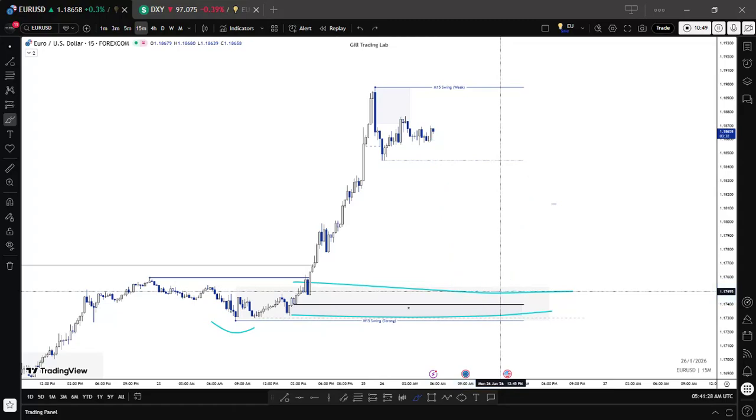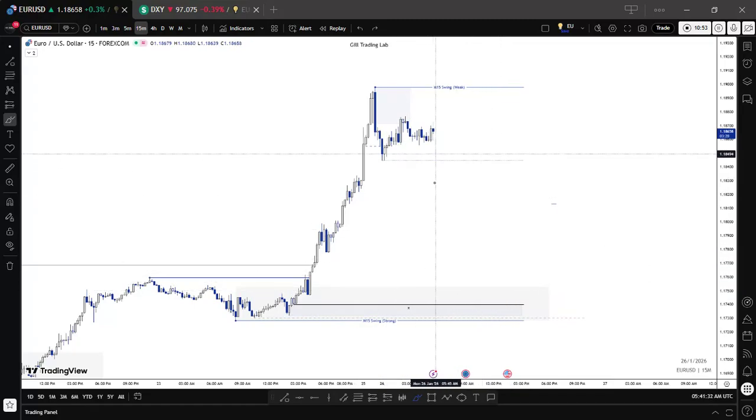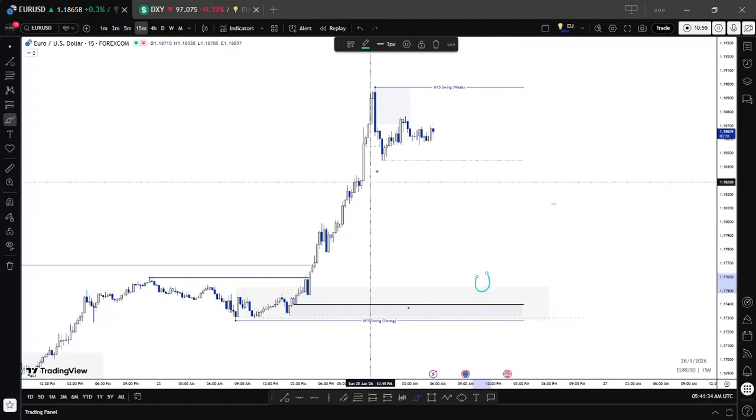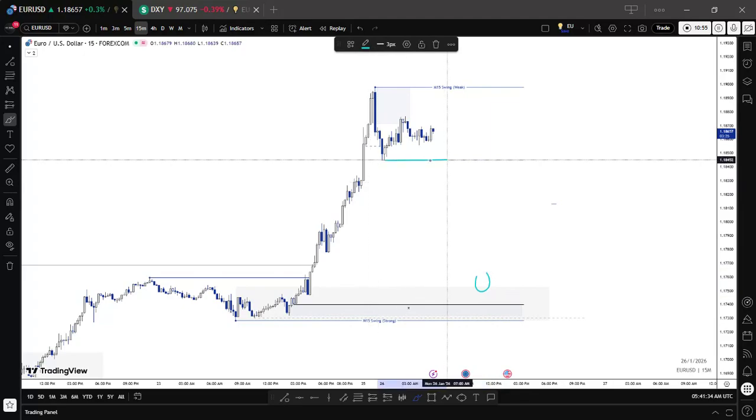But the way things look right now, for price to reach here, price will have broken this low, which for me is a significant internal pullback. So if price comes and breaks below this low, this will be an internal structure for me.